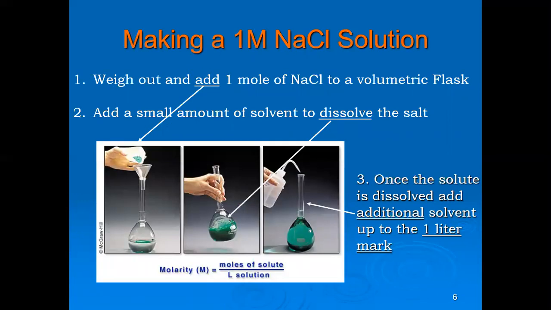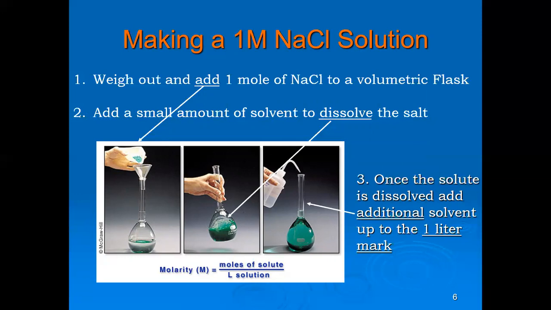Making a 1 molar NaCl solution. In lab, we will try this experiment, inshallah. Weigh out and add 1 mole of NaCl in a volumetric flask. You know how to weigh 1 mole of NaCl: simply divide mass in gram by molar mass. If you take 58.5 gram NaCl, and you know the molar mass of NaCl is 58.5, then 58.5 divided by 58.5 is equal to 1 mole.